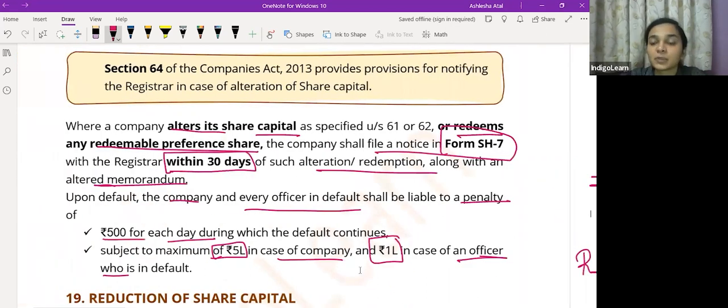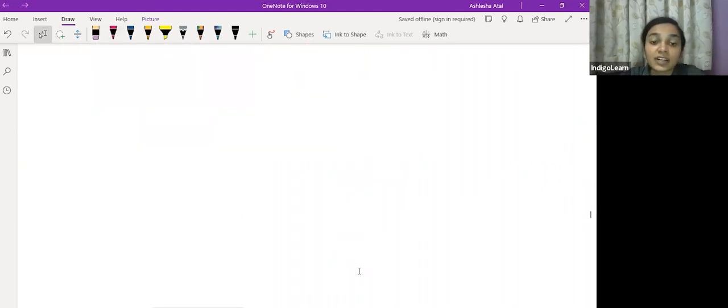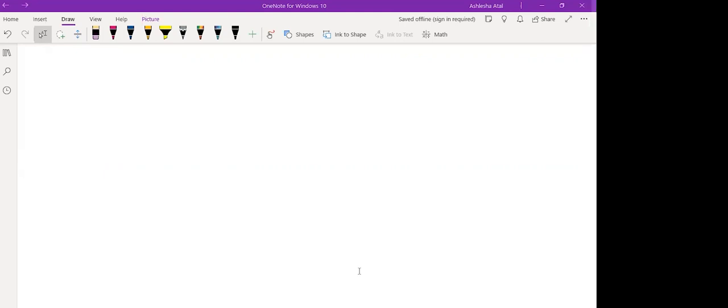Now let's start with another very important section, which is section 66, reduction of share capital. Now, if you remember, yesterday we've discussed alteration in share capital. What are the different ways of alteration of share capital? You can write in your answers or drop in your answers in the chat box.